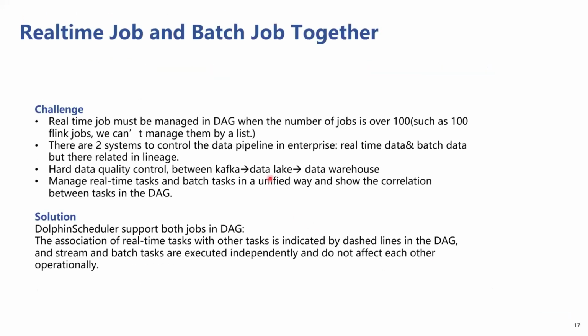So let's jump into the next feature, about real-time and batch jobs together. That means if you have a FLINK real-time job over 100, it's very difficult to maintain. But with DolphinScheduler, we can use projects. We can use the DAG to manage huge numbers of real-time jobs.